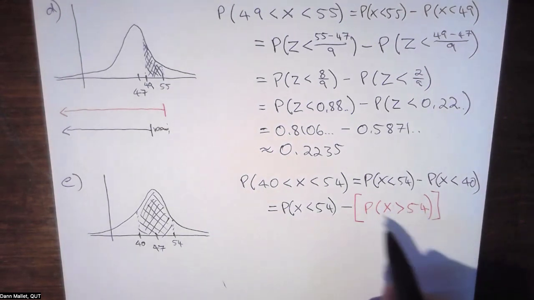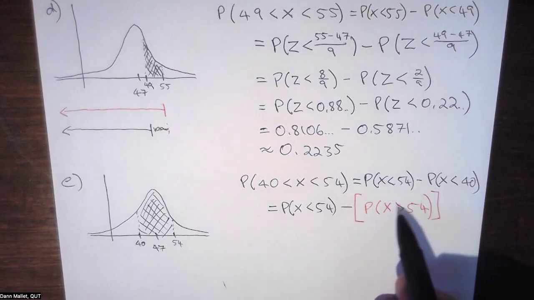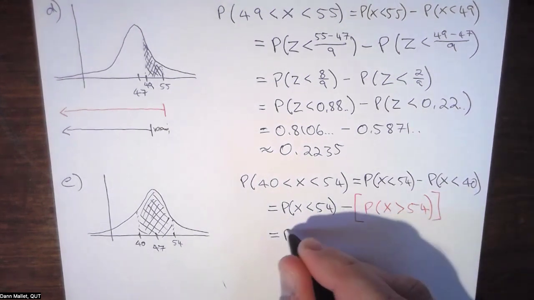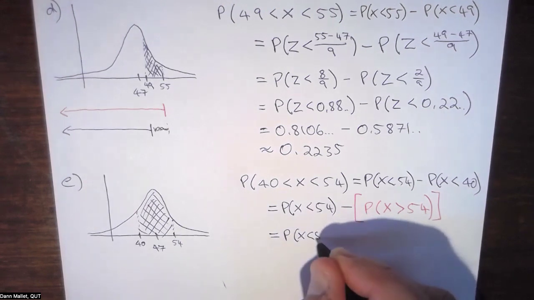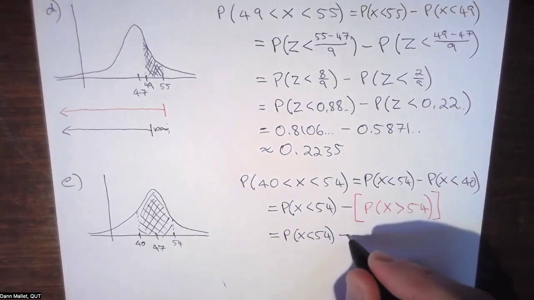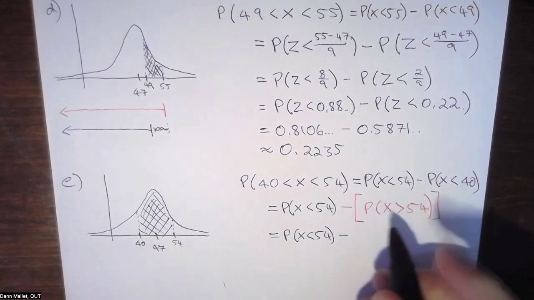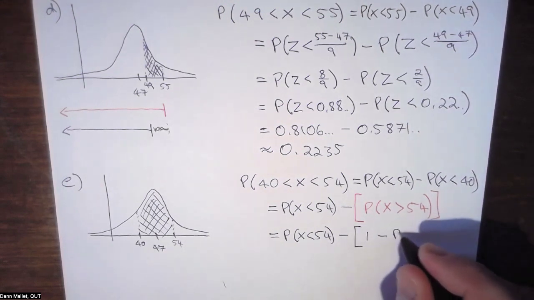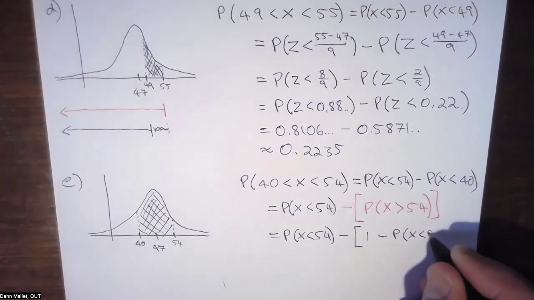Next, we need to rewrite this red piece so that it's a probability which is less than something. So again, leaving the first part, probability that X is less than 54. We then have to subtract, not the red piece, but 1 minus the probability that X is less than 54.